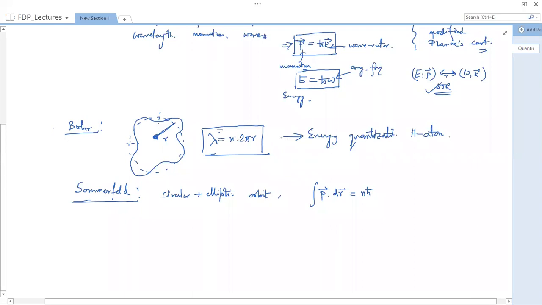Within the orbit, the momentum could be position dependent, angle dependent. So that's the Bohr-Sommerfeld quantization condition.